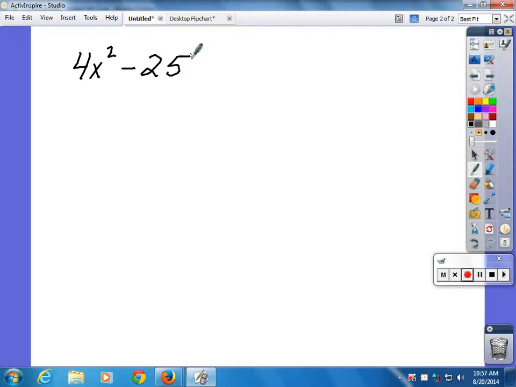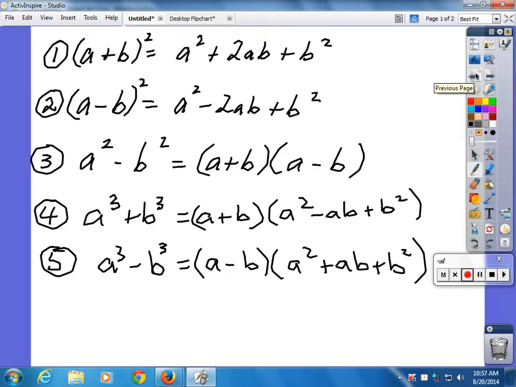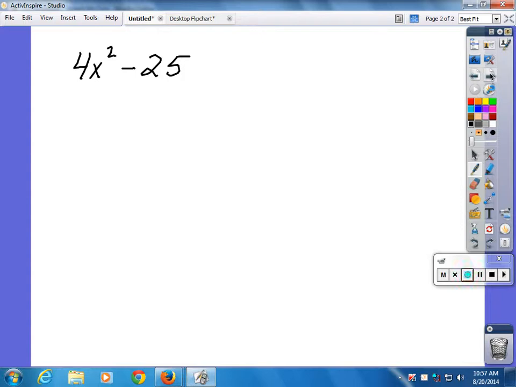All right, 4x squared minus 25. What is it? It's perfect squares. How do you know? Because you know your perfect squares. You know 4x squared is a perfect square, and you know that 25 is a perfect square. So which one is it? Now, a lot of people say, well, how did you know that, Hubert? Well, I ain't got time.